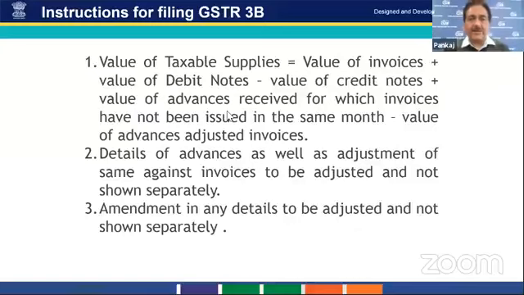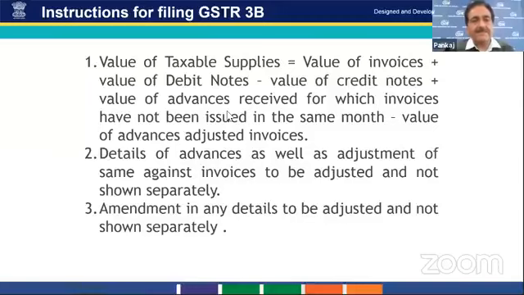Here, one thing is important to mention: while calculating the value of taxable supplies, the taxpayer is advised to compute the value by adding the value of invoices plus the value of debit notes, and subtracting the value of credit notes issued by the taxpayer. The value of advances received for which the invoices have not been issued in the same month should be added while determining the value of taxable supplies.